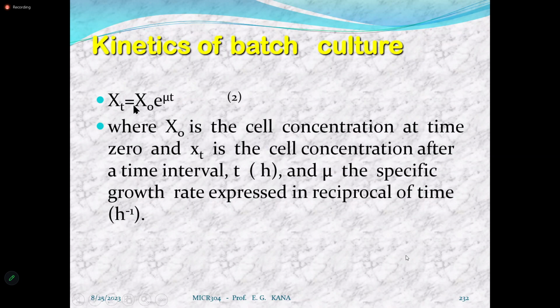This helps to estimate the cell biomass concentration in the reactor or in the flask at time t. Of course, it's the same formula used to express the cell number over time, which you covered in the previous slide.